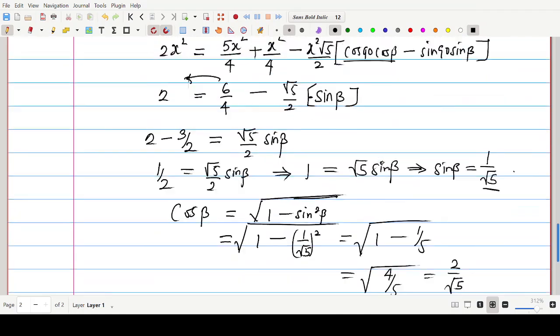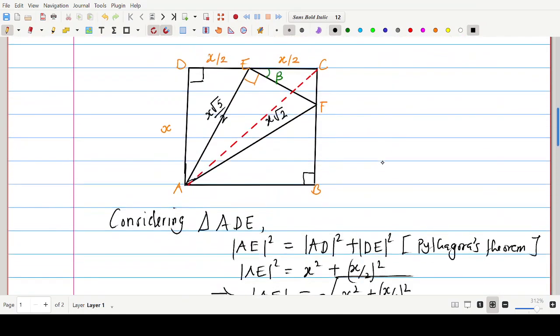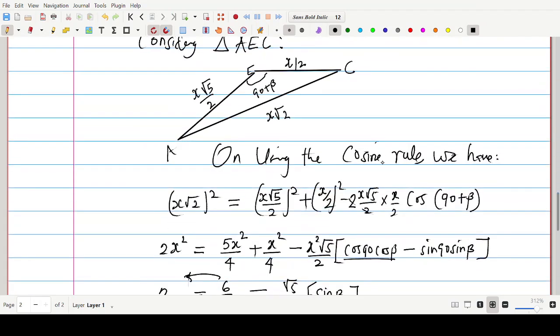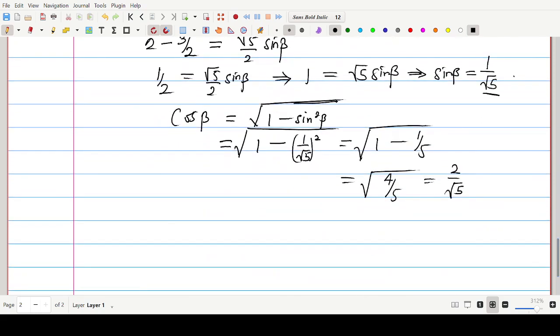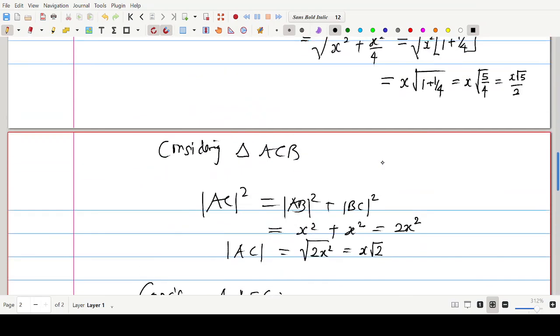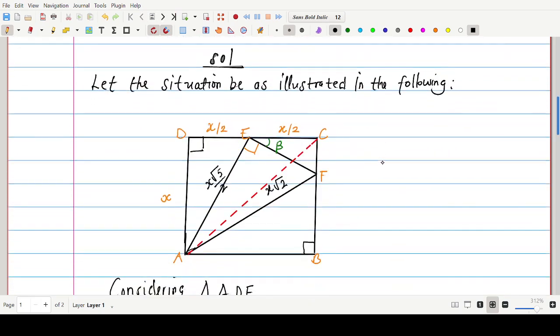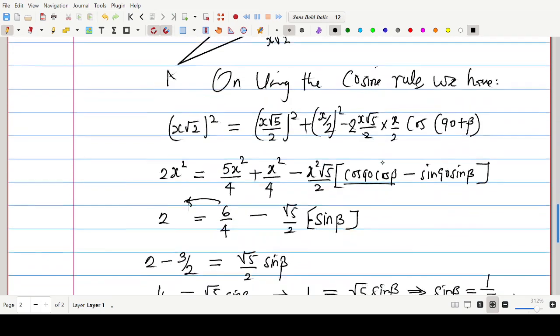Now, we've known that already from the figure. From this figure you are seeing here, looking at triangle EFC, let's consider triangle EFC. From triangle EFC, the cosine of beta is equal to line EC divided by EF, all right?